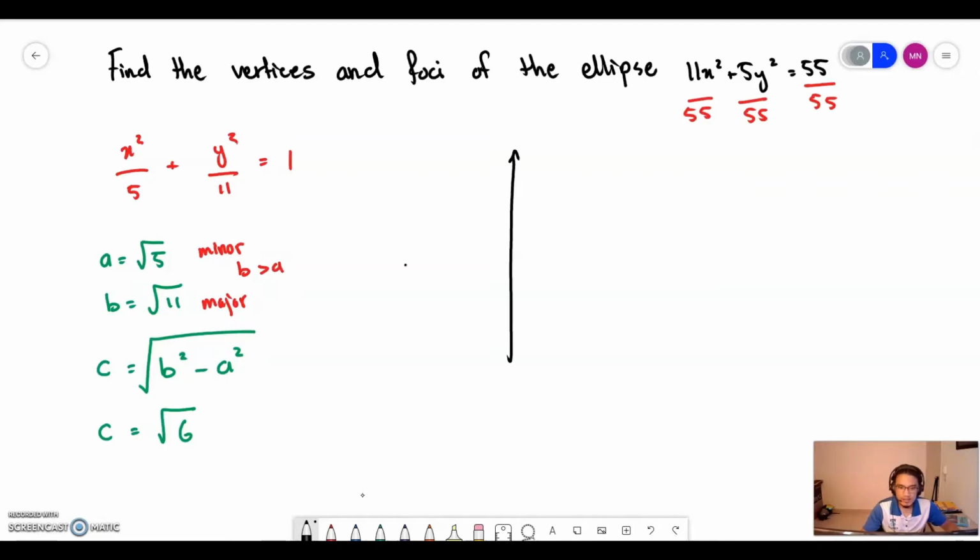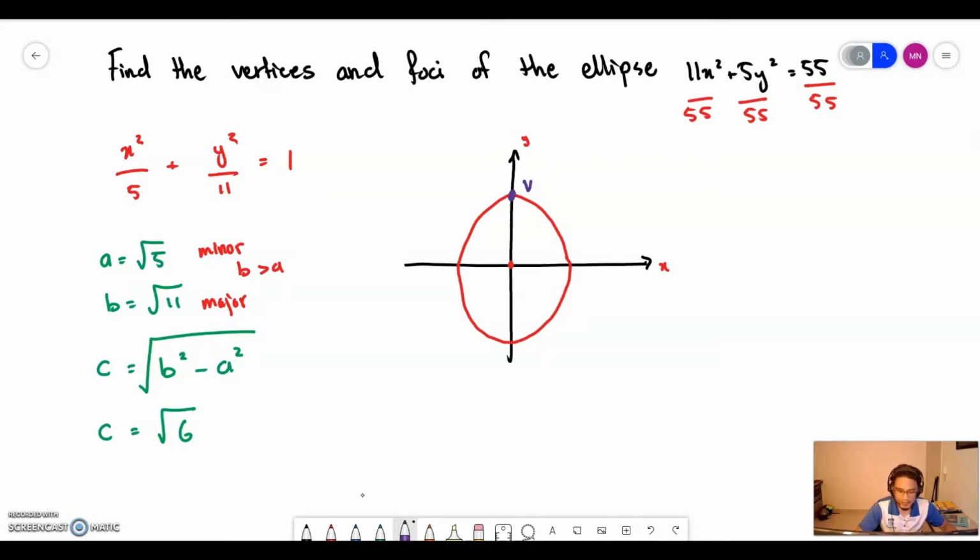Okay, here is the axis. Alright, here is the center at the origin, 0, 0. And we want to determine the vertex at major. So here is the vertex.